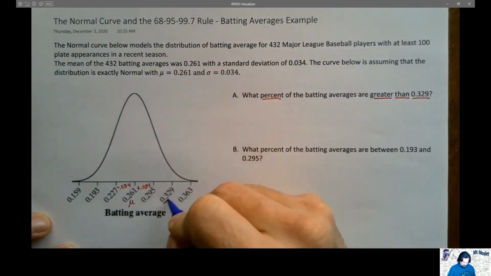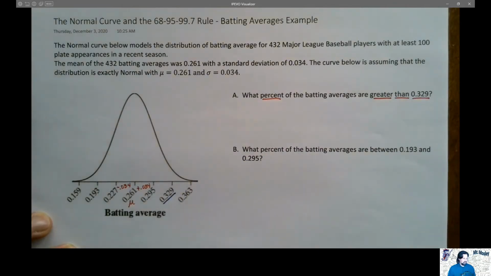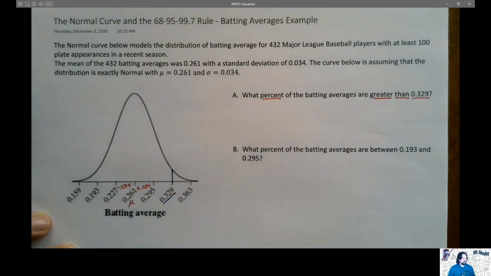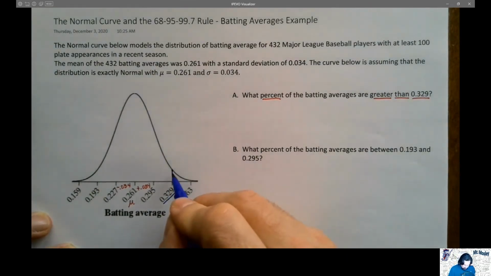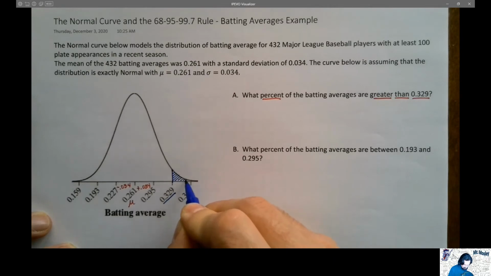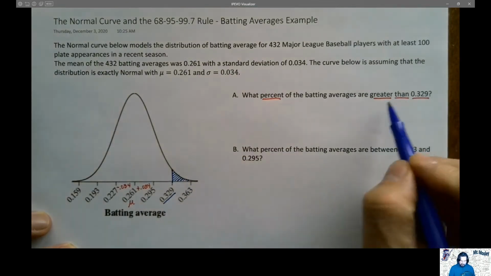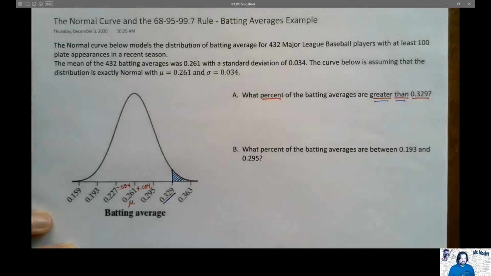It is right here. We draw a line out to our curve, and we want to know the proportion of our data in that blue shaded area, everything to the right of 0.329, because we're looking for greater than.